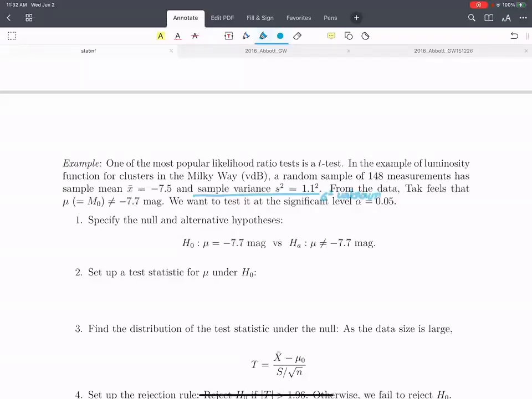And I feel that the true population brightness is not equal to negative 7.7 magnitude. And I want to test it at the significance level alpha equals 0.05.